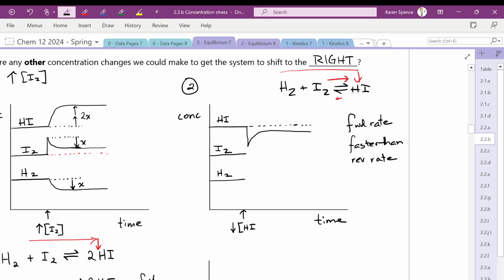So our forward rate is faster than our reverse rate because we slowed the reverse rate down. So we are making HI faster than we are using it up. And that's why the concentration of HI increases.